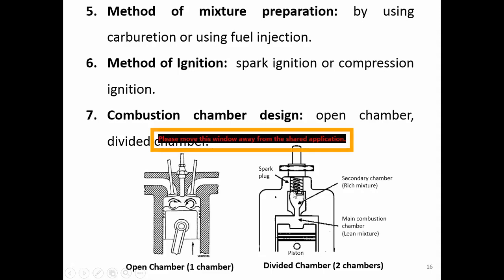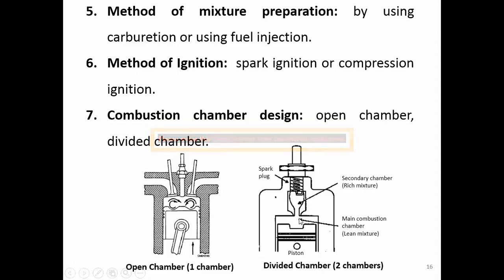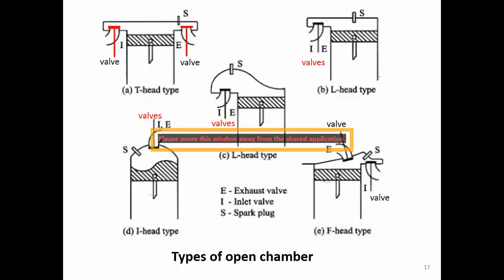And we can have the secondary chamber on top of the main chamber, where the combustion really happens right here. The actual combustion happens right here. And then the exhaust, or the product of the combustion, will flow into the main combustion chamber in order to push the piston. Okay, so this is called the divided chamber.